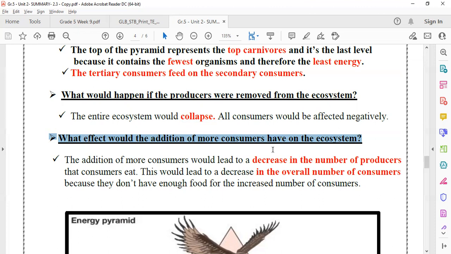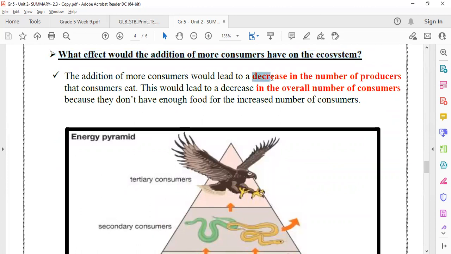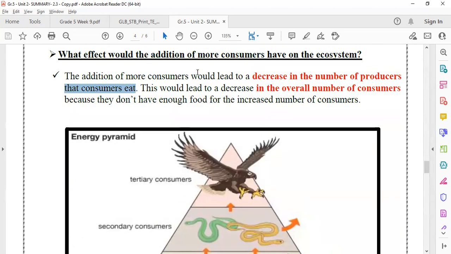The addition of more consumers will lead to a decrease in the number of producers that the consumers eat. If you added more consumers, this means they will eat more producers. The number of producers will become less because they will eat more.